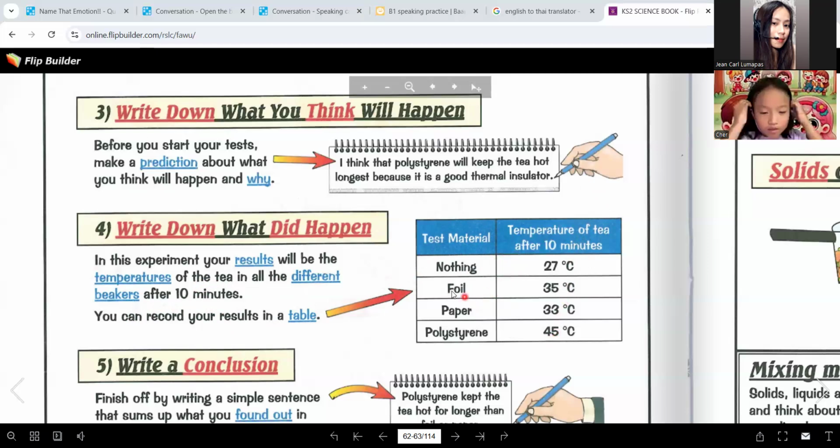Look at the table. How many degrees Celsius is the tea? 33 degrees Celsius is not cold.